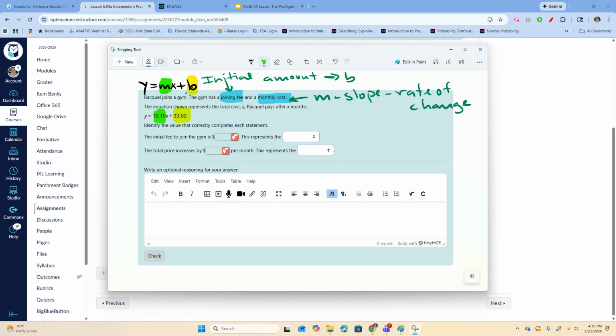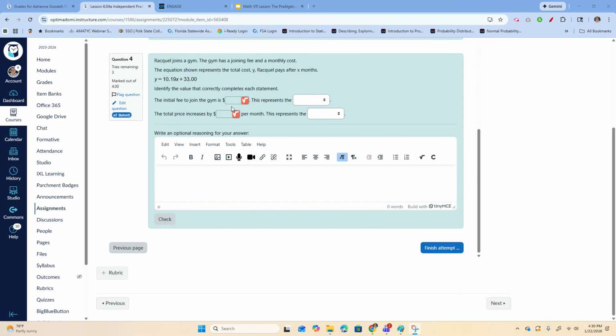So that means that the initial amount or the joining fee is $33, and every month you have to pay extra $10.19. So 10.19 is my slope, 33 is my b, and that's what I'm going to put here.